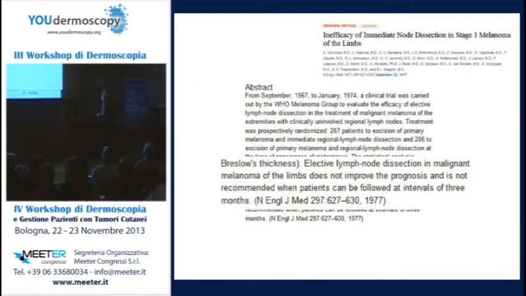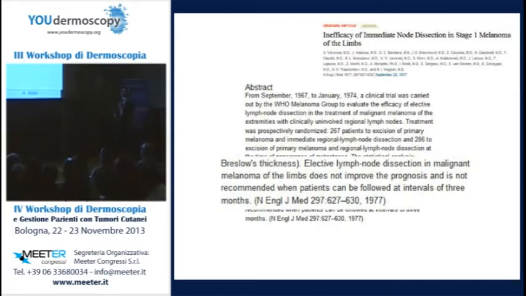They included a lot of patients, 250 in each arm, one who received elective lymph node dissection for melanoma of the arms or legs, and one who received only excision of the primary tumor and observation. And there was no benefit for elective lymph node dissection.